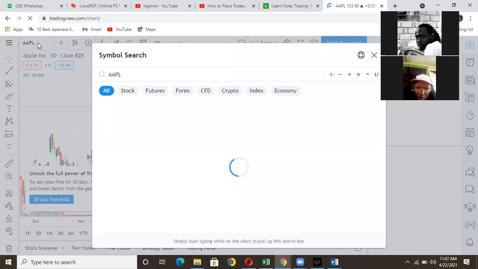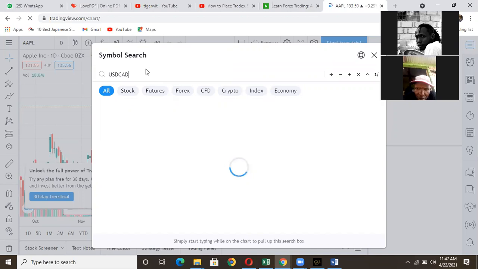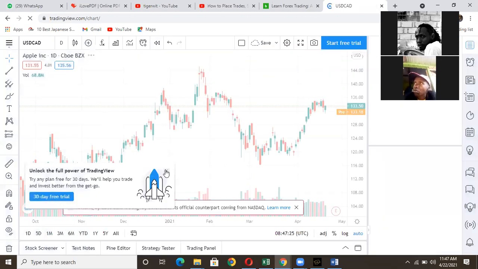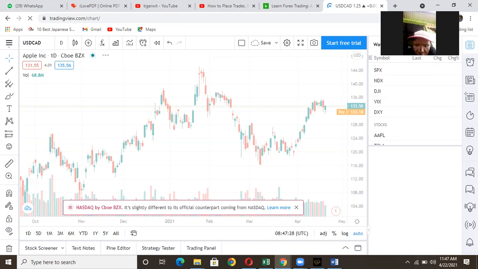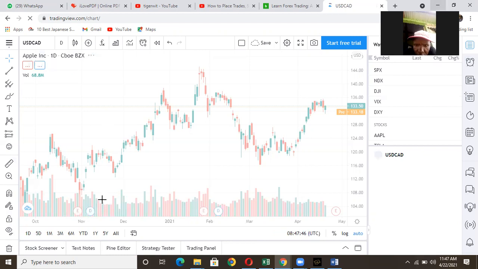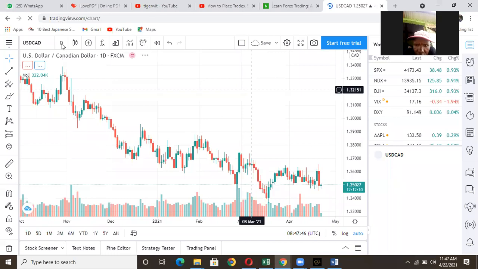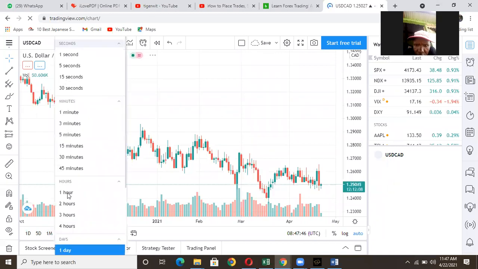We are looking at USD CAD. So I'm just pulling out the graph. Just a minute, guys, I'm opening. Yeah, it's opened. So this is the chart. Let's look at it on the 1 hour chart. So this is the 1 hour chart.